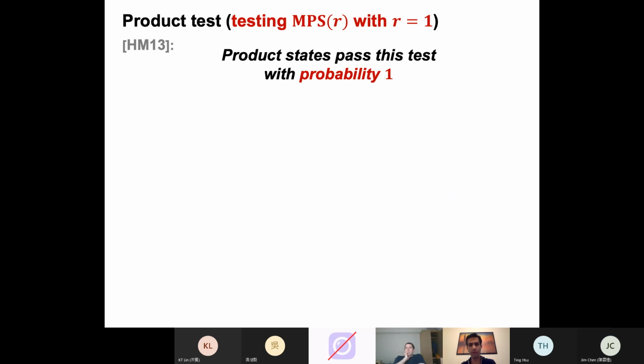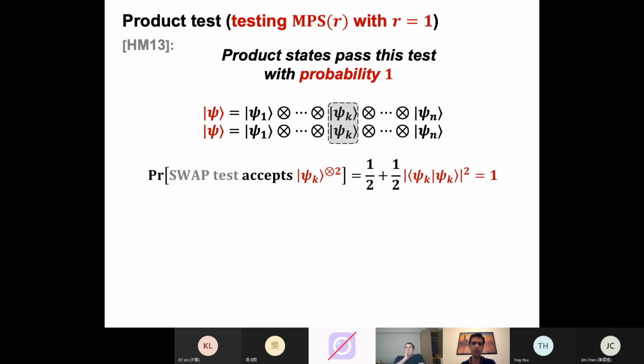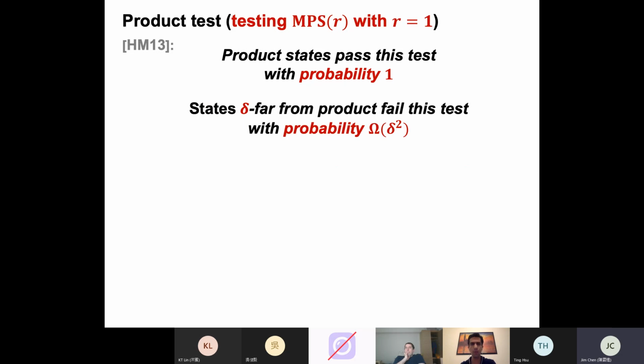So what is the performance of this product test? If the input is in fact a product state, then the product test accepts with probability 1. And this is simply because each of the swap tests is acting on 2 copies of the same pure state. And based on what I just said, they all just pass. But perhaps surprisingly, it's shown by Harrow and Montanaro that the product test also manages to reject states that are far from product.